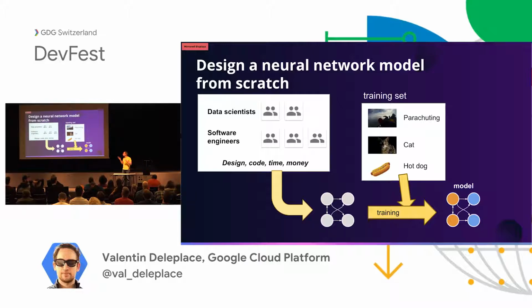It requires a lot of design, code, time, money, and then a large training set. Neural networks are by far the most popular technology to build classifiers. So if you want to design a neural network from scratch, it will be long and expensive.